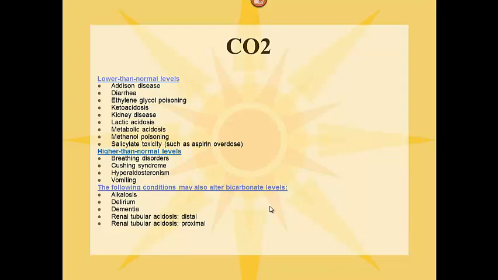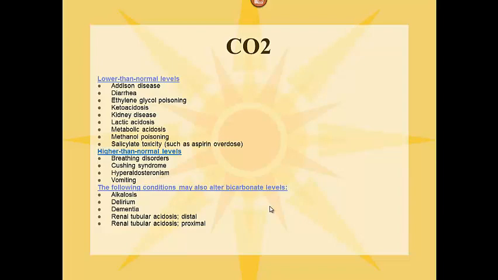And metabolic acidosis, any type of disease process that will contribute to metabolic acidosis, such as salicylate toxicity, any type of poisoning, lactic acidosis, renal failure contributing to acidosis, hyperkalemia that contributes to acidosis, ketoacidosis, diarrhea, Addison's disease.